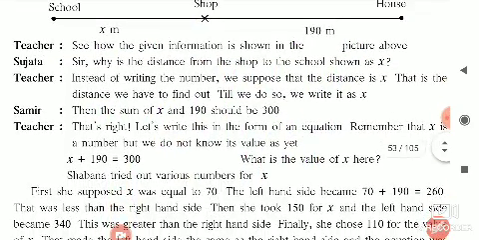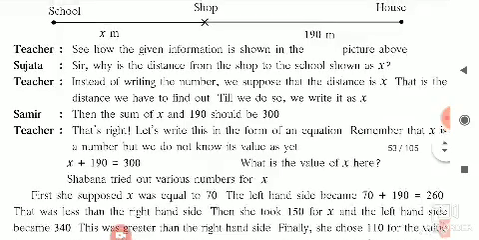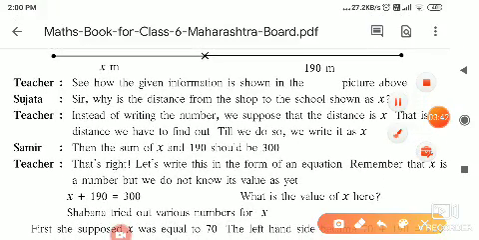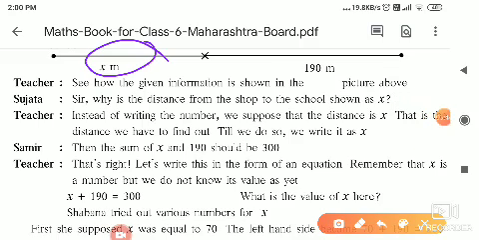See how the given information is shown in the picture above. Sujata said that the distance between the shop and the school is shown by x meters. From this we understand that the thing we don't know, we have to take as a letter. So instead of writing a number, we suppose that the distance between the shop and the school is x meters.